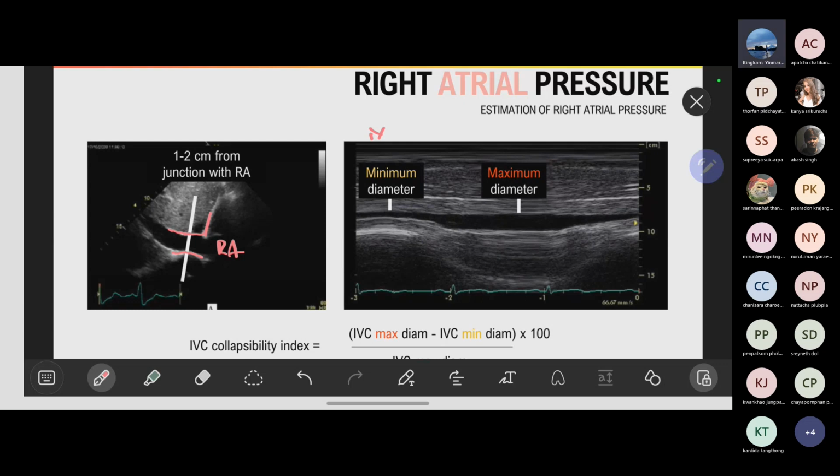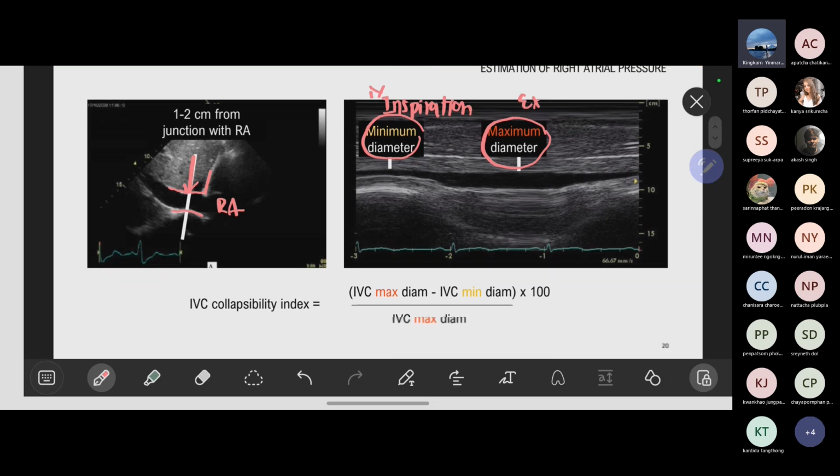For accuracy, this measurement should be made perpendicular to the IVC. This is the minimum diameter of the IVC in response to inspiration, and the maximum IVC diameter with expiration. IVC collapsibility is calculated from this formula.